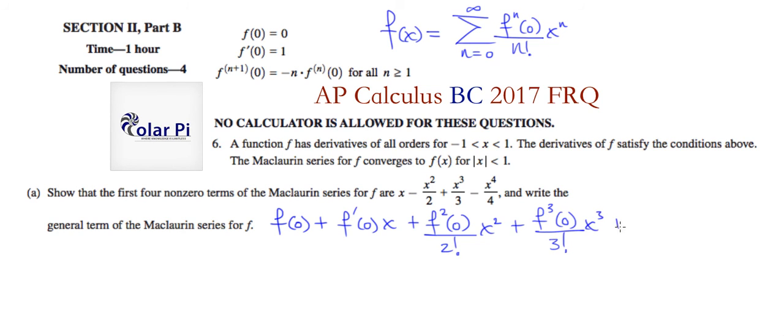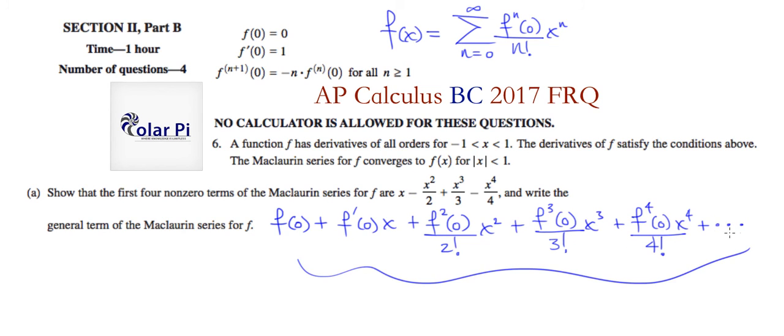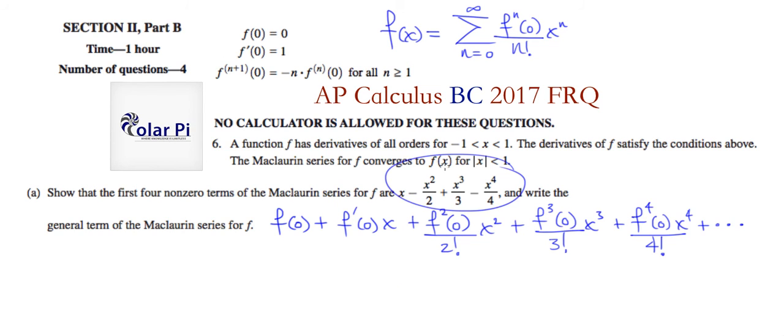And then f^(4), the fourth derivative, evaluated at 0, divided by 4 factorial, and then x to the fourth, right? And then on and on and on. It's an infinite sum. Hopefully not more than one of these is 0. That way we still get 4 terms. Let's see. Let's try our luck.